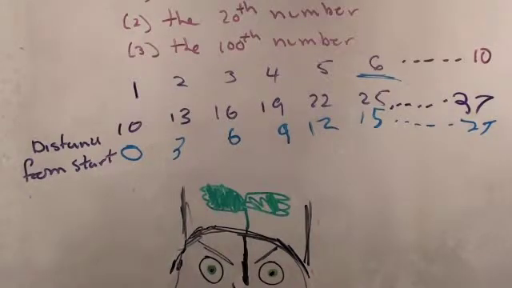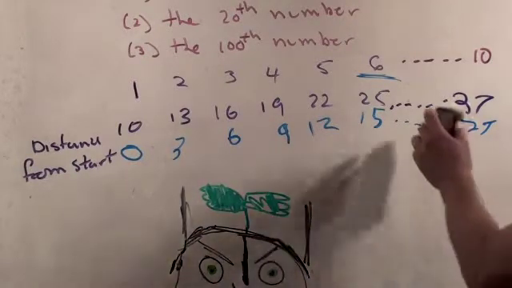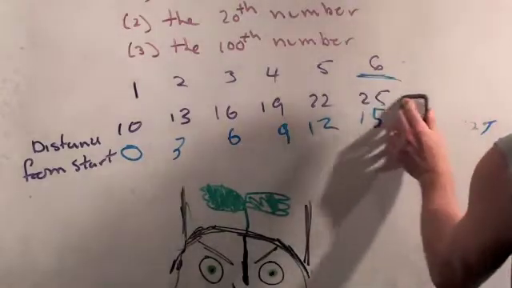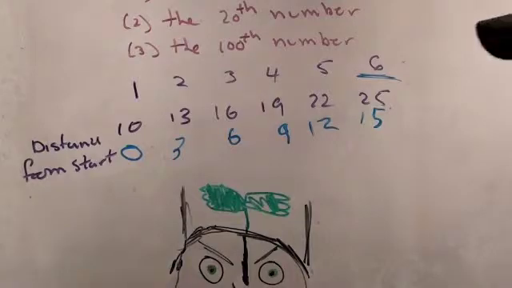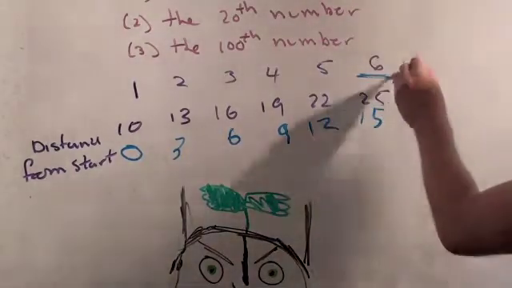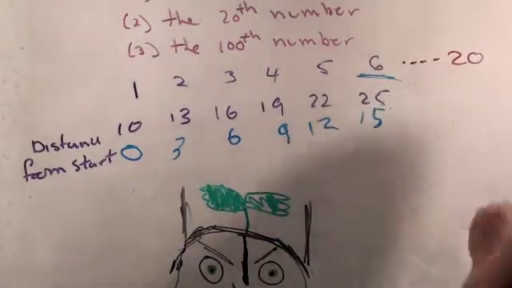But that's only to figure out the 10th number in the sequence. Now we have to figure out the 20th number in the sequence. You ready for that challenge? Yeah. Okay. Alright, so now we're going to go over to 20.